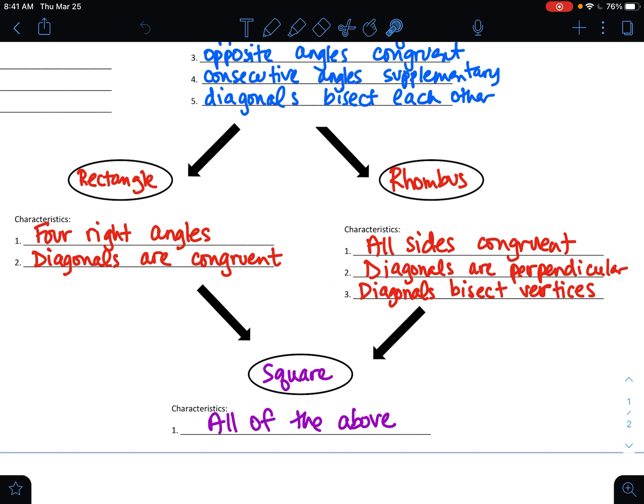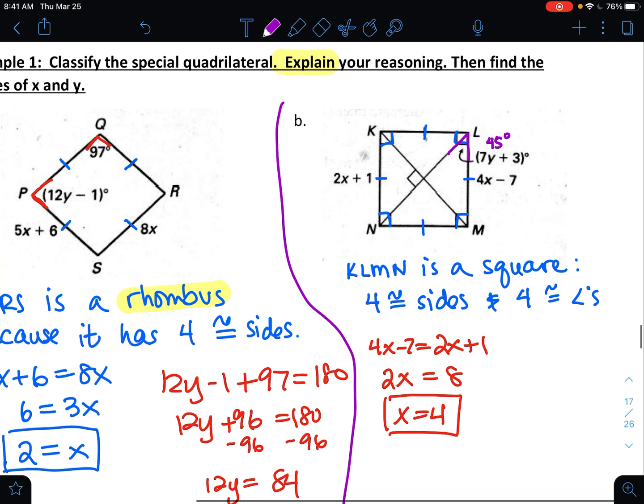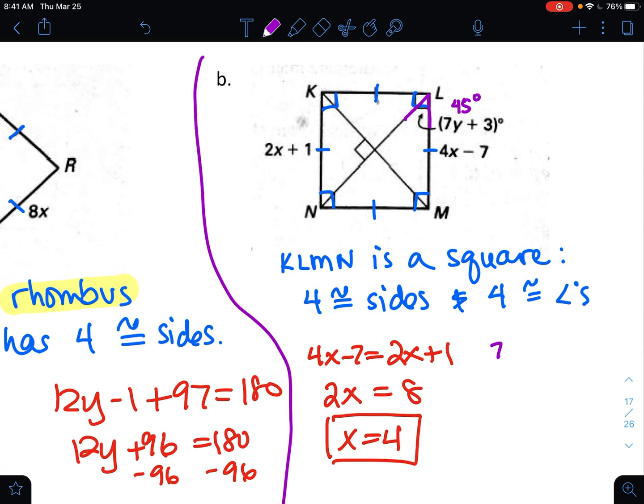That means they cut the vertices in half, and the vertices are angles. If this is a 90-degree angle, the one I'm pointing to is half of that, so it's 45 degrees. So in a square, you are going to have bisected angles, and they're 45.